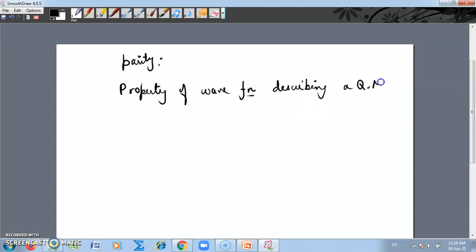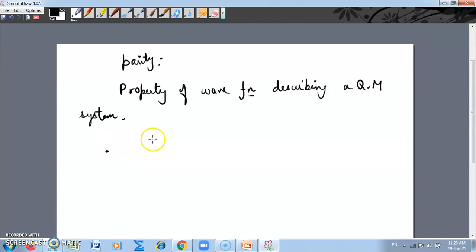quantum mechanical system. So students, if I may remind you what a wave function is, you know that by wave-particle duality, every particle in motion is equivalent to a moving wave, which is called the matter wave.